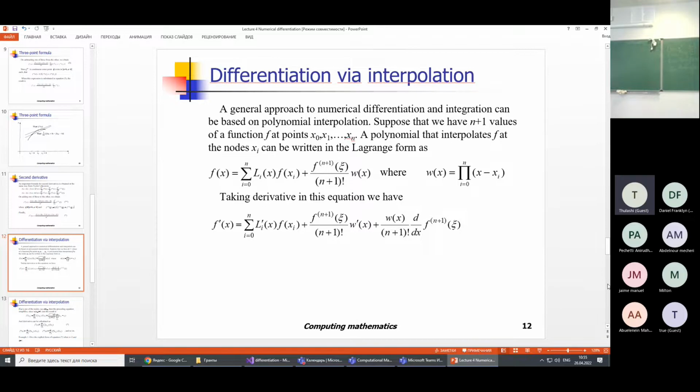And we know n plus 1 values of the function at these points: f0, f1, f2, and so on, fn.